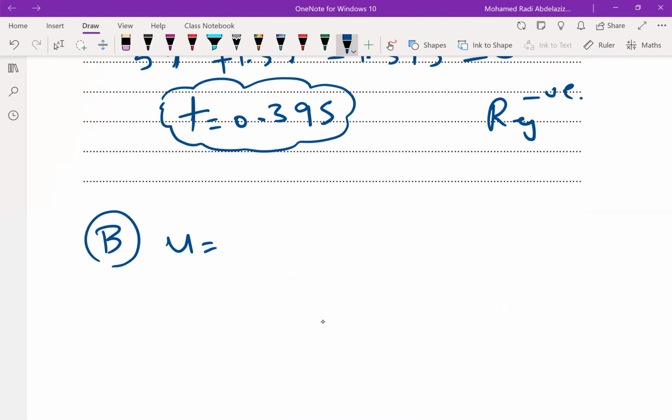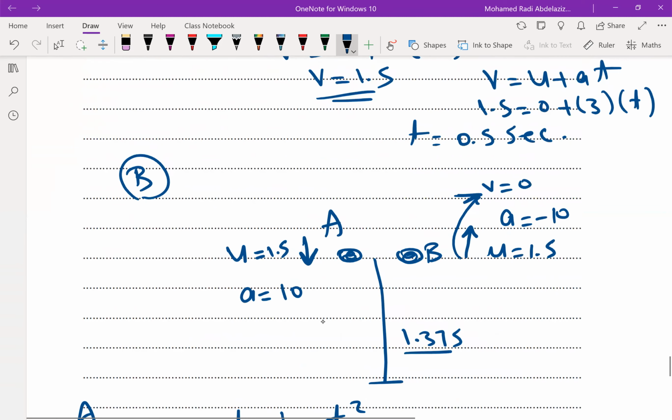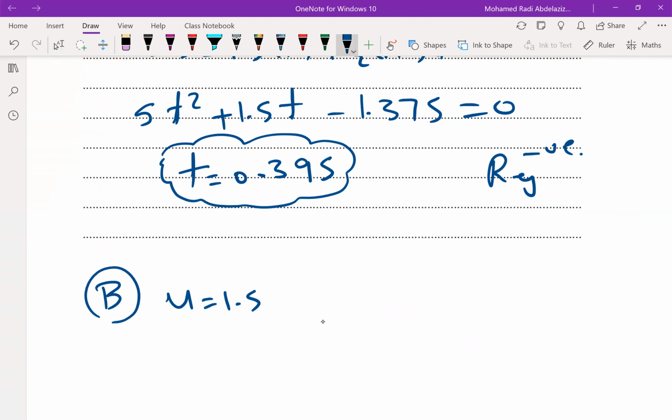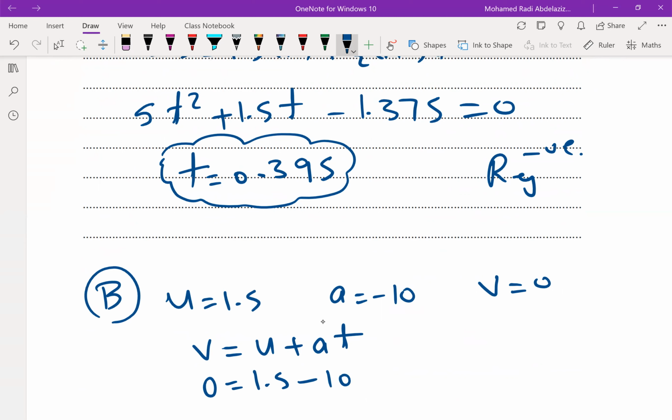It continues to move up because of inertia: initial velocity 1.5, acceleration negative 10, final velocity 0. v equals u plus at, so time is equal to 1.5 divided by 10, so t is equal to 0.15.